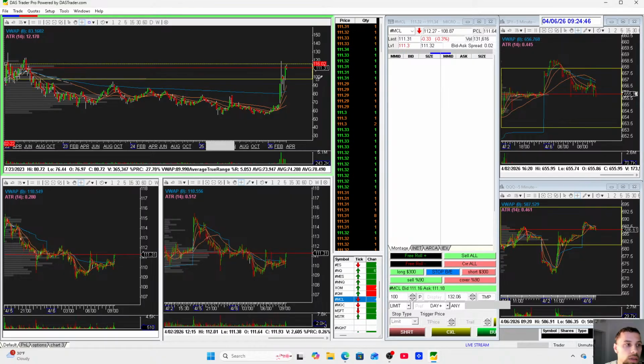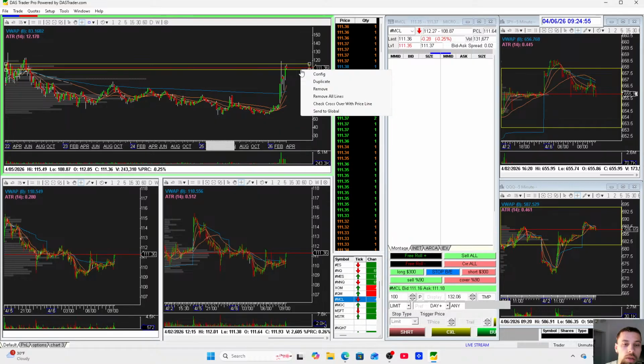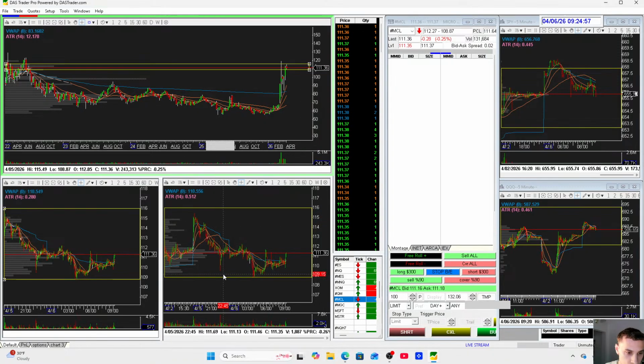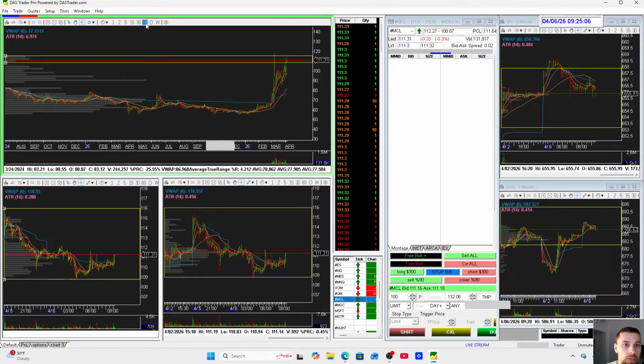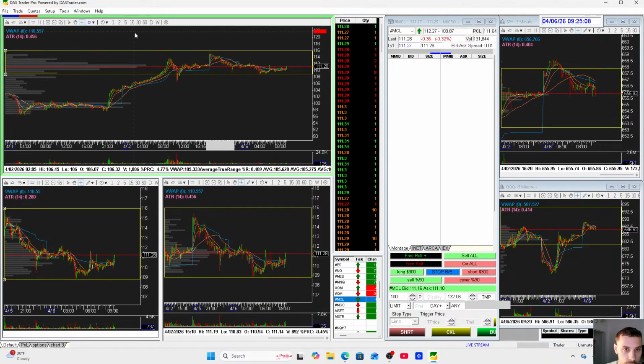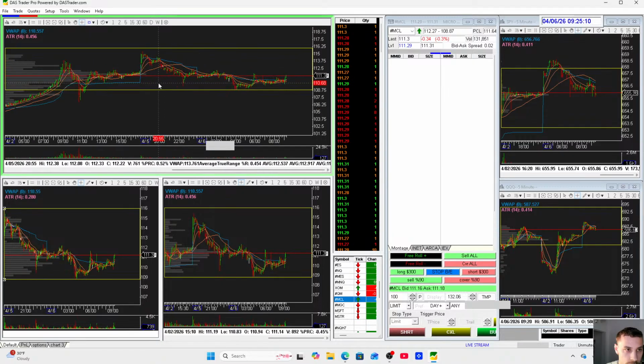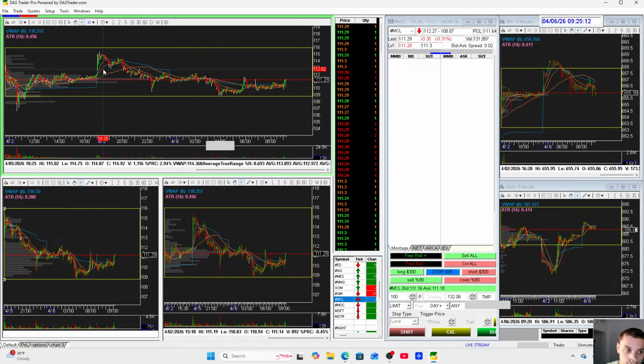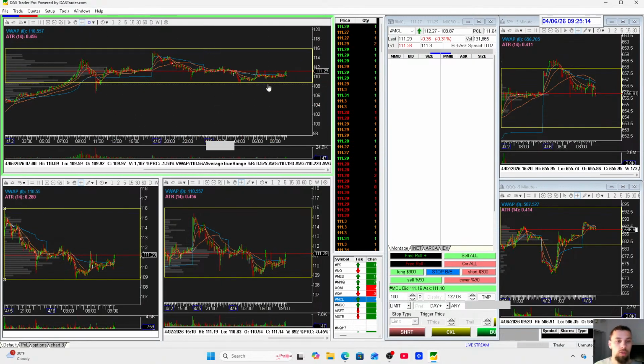Resistance 116 is what I'm drawing. Area of support being 109. So to me that's good. Tried to get up there that day.